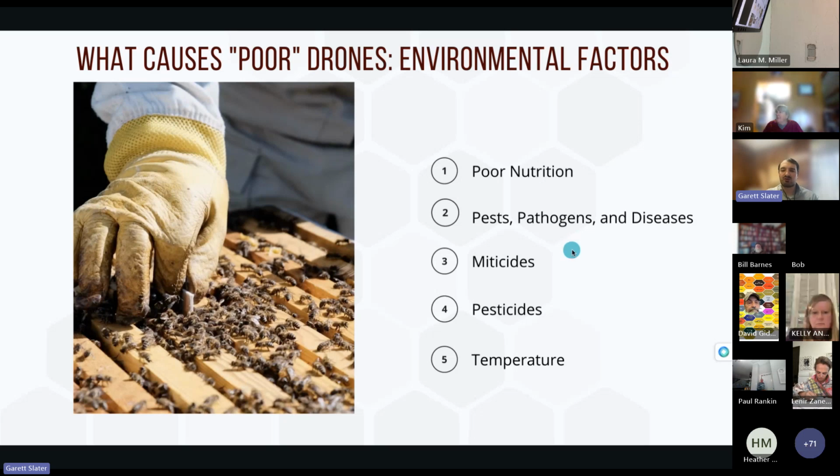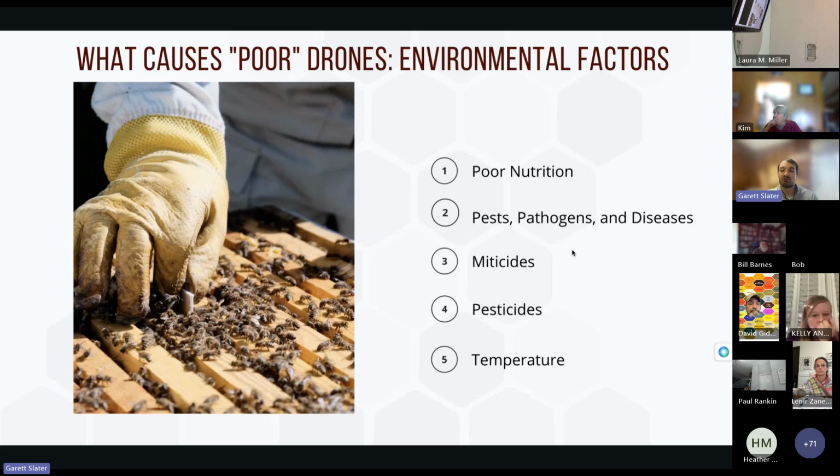And then three, miticides. I'll talk about miticides a little bit more in the varroa management section, but beekeepers use a wide range of miticides to kill and manage their varroa mite levels. And some of these range from highly synthetic miticides to more organic miticides. Now, all these miticides have some effect on the drones, but some can have harsher effects. Some of the synthetic miticides, such as Apivar strips, can drop sperm quality by 50%.